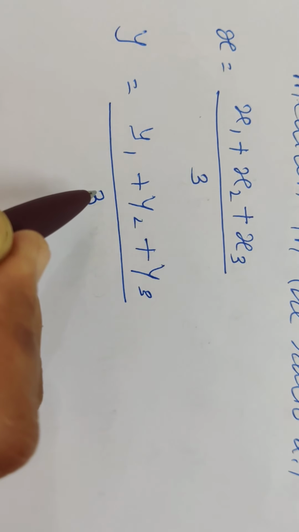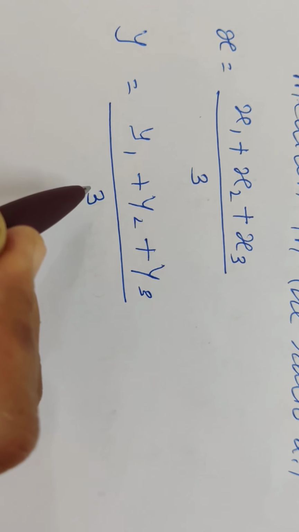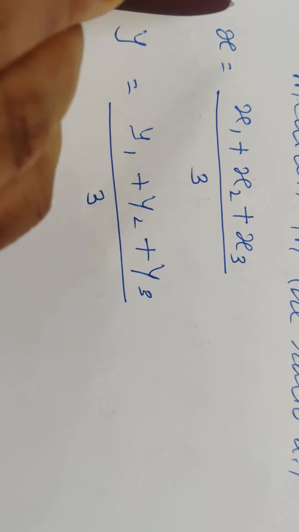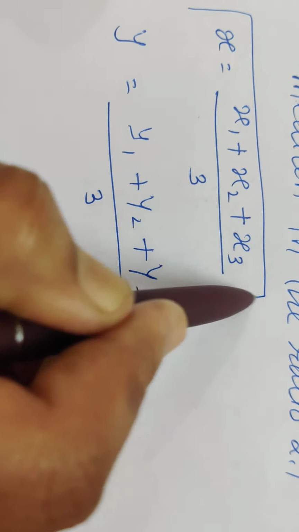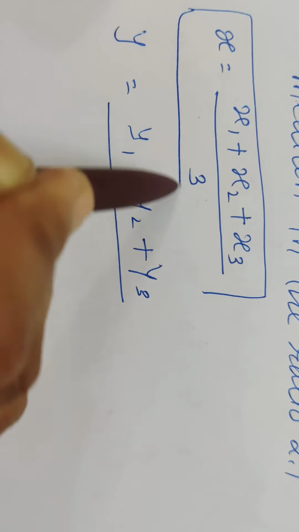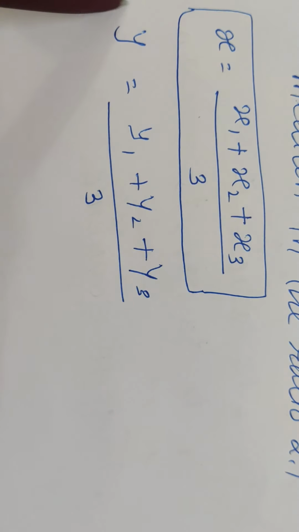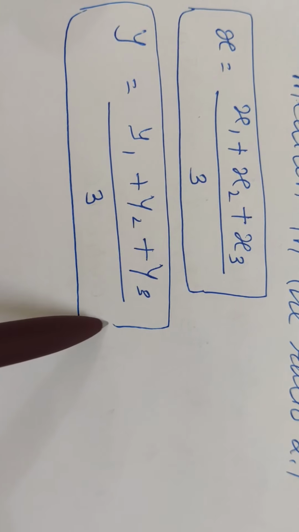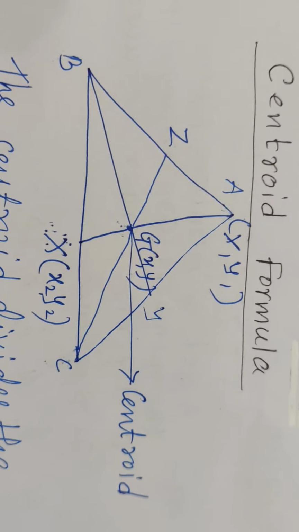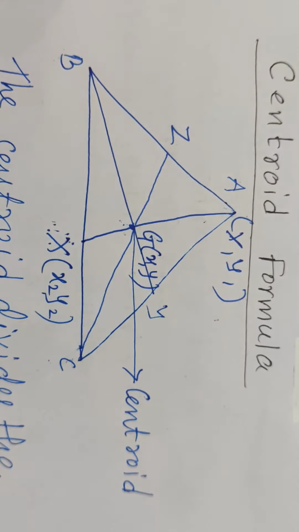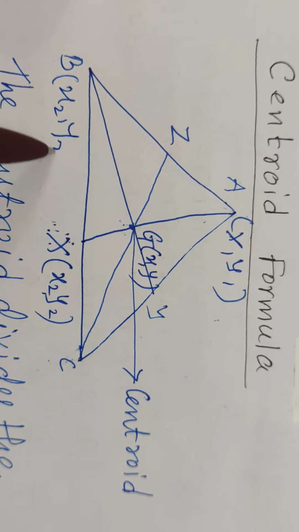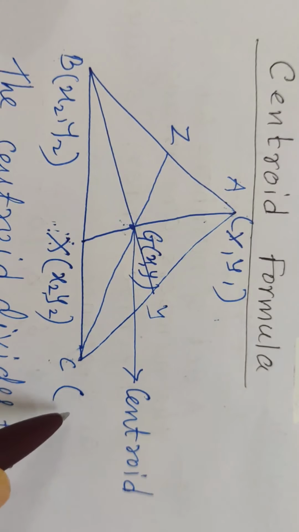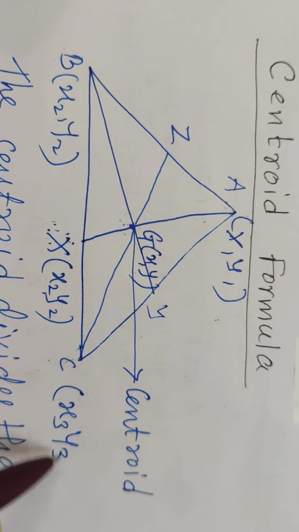These are the formulas to get the coordinates of x and y. Three vertices are there for the triangle. Just see the diagram. The coordinates of A are x1, y1, of B are x2, y2, and of C are x3, y3.